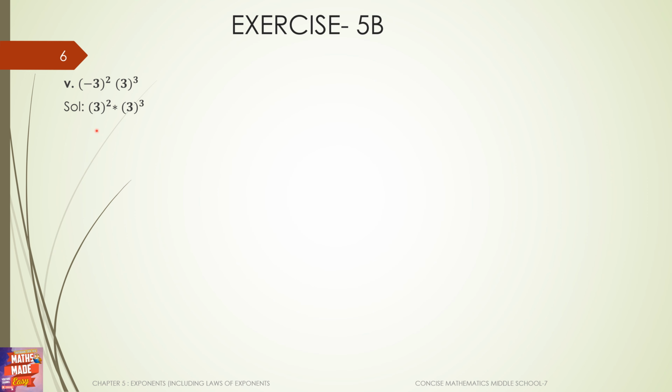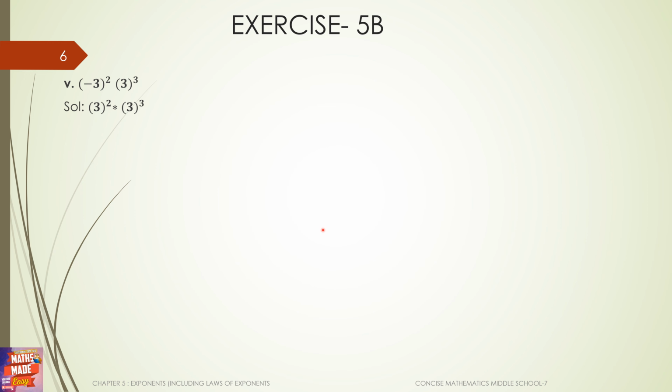Is it clear, children? Why I have removed this minus over here? Minus and 3 both are inside the braces of square. That means the square is applied to the minus as well as 3. 3 should be multiplied 2 times, and even minus should be multiplied 2 times. I hope it's clear. Since we have to apply the formula, I am not multiplying this 3. I am writing it down as it is, 3 square.